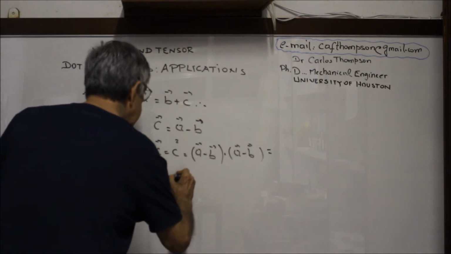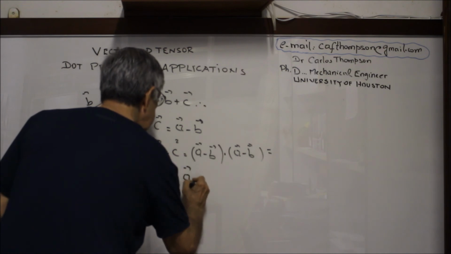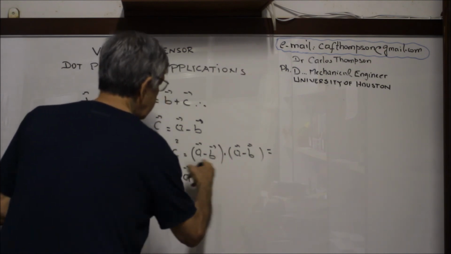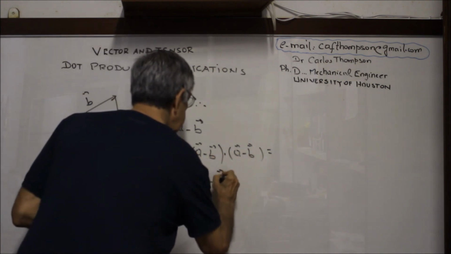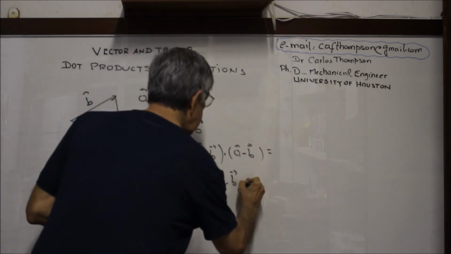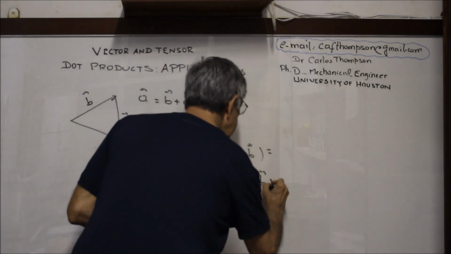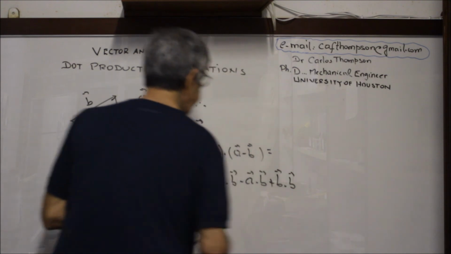Let's expand this. This is equal to A dot A, plus, minus A dot B, A dot B. Now, minus A dot B plus B dot B, okay?